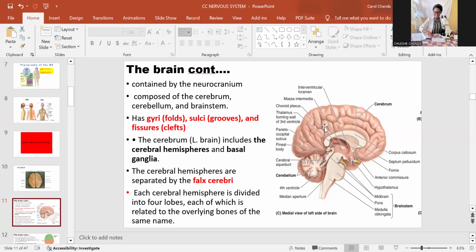The cerebral hemispheres are separated by the falx cerebri. There is a tent-like tissue that comes to separate these two, which is found in the longitudinal fissure.